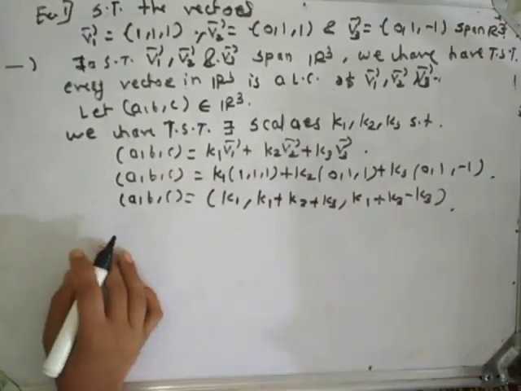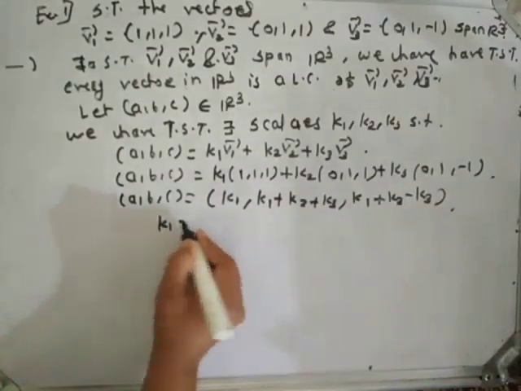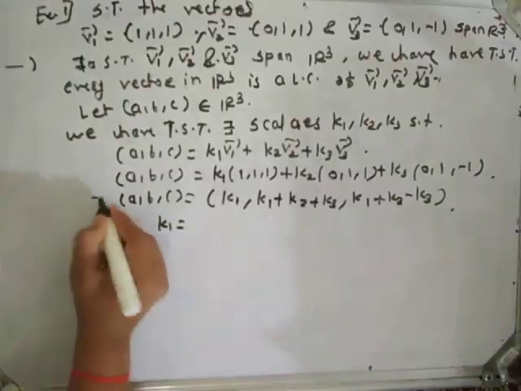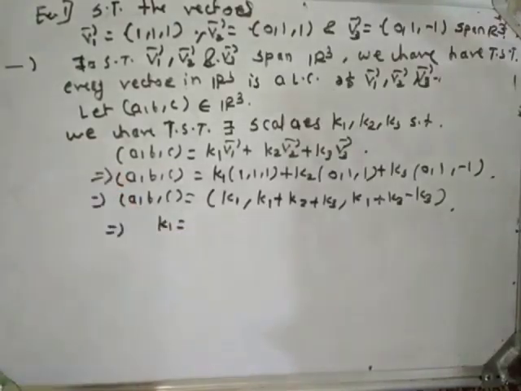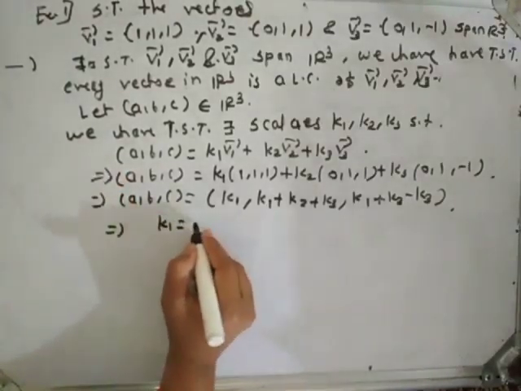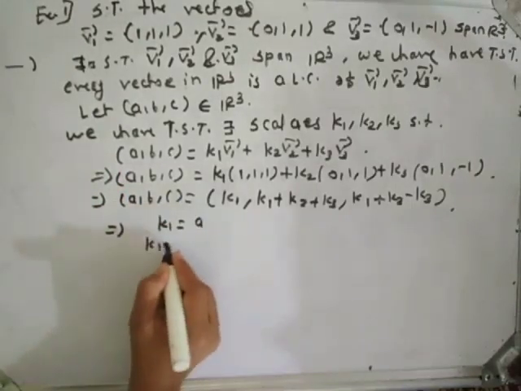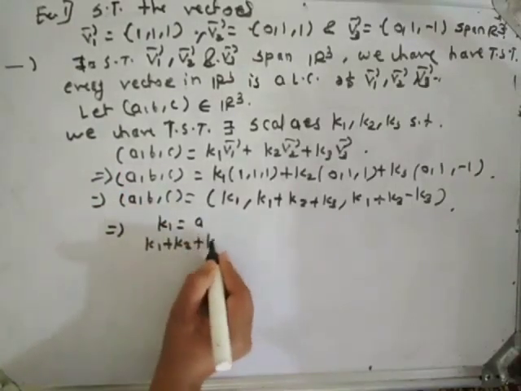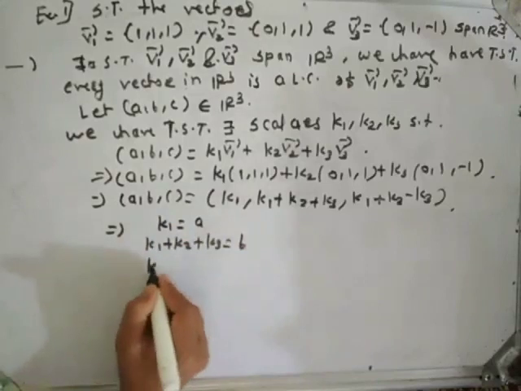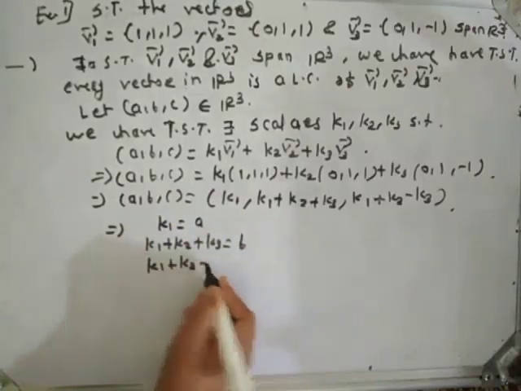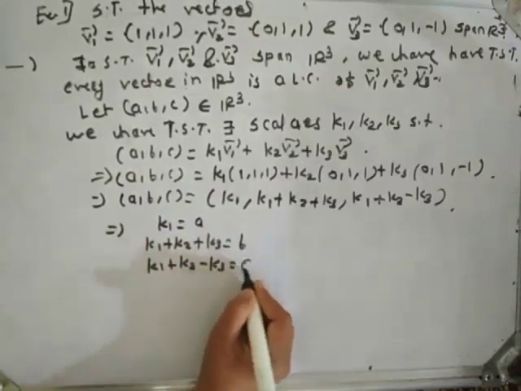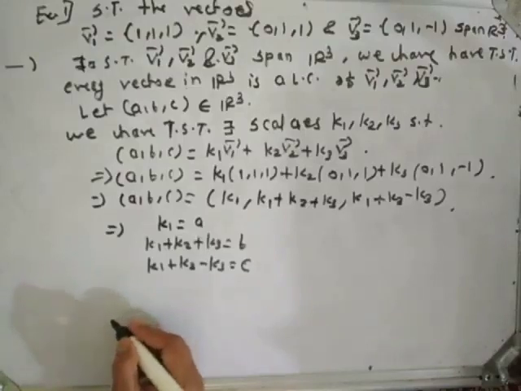Okay, equating corresponding components, we will get K1 equals A, K1 plus K2 plus K3 equals B, K1 plus K2 minus K3 equals C. Okay.